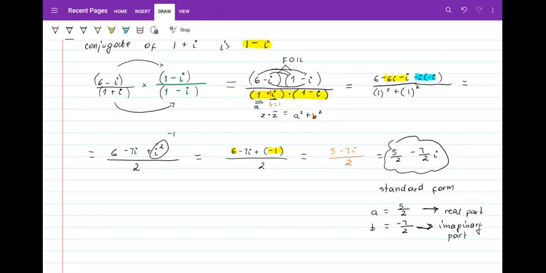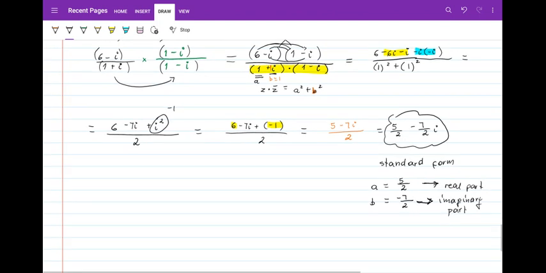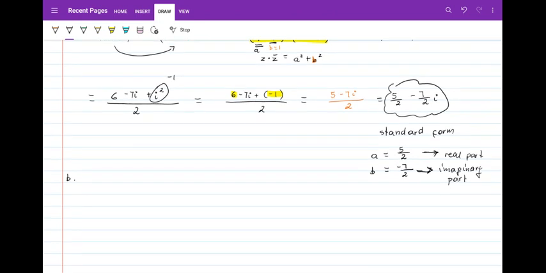Next, I guess I would like to do one more with the quotient. So let's do b. We have 2 minus 3i divided by 4 minus 3i. And again, we have to leave the solution in standard form.